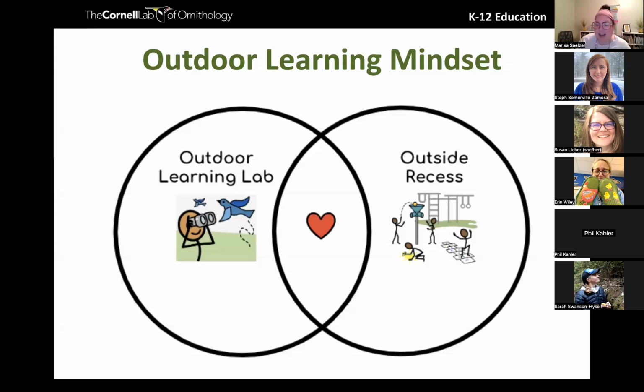I can go outside with a class even when recess is going on, and the students in class can have a lab brain while there's students having recess and have recess brain. So those two can exist at the same time. We're all out here coexisting in this space, but our purpose is different. They've really done an amazing job.